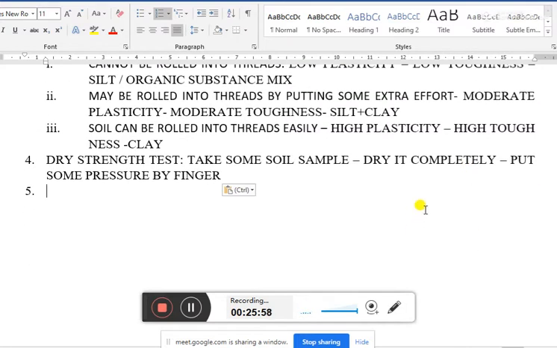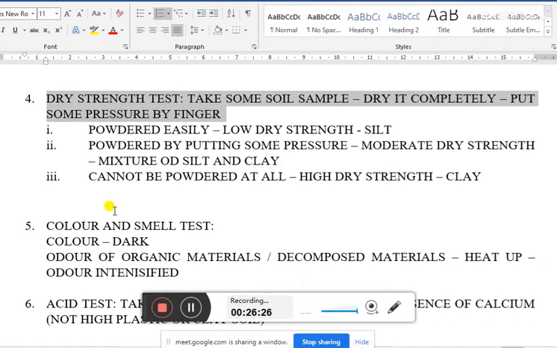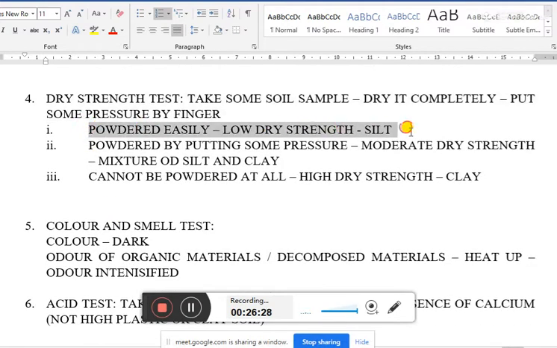I think you know the condition for fully drying the soil: you put the soil at 110 degrees Celsius for 24 hours to make it fully dry, and you have to put some pressure by your finger. First of all, the first case you may get is that the soil is powdered easily.